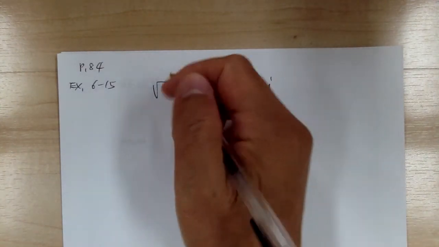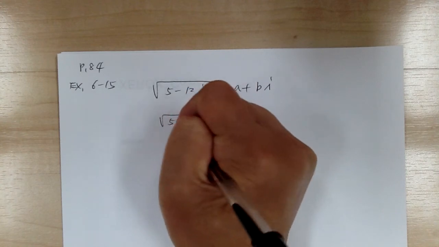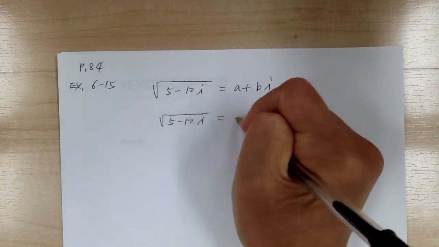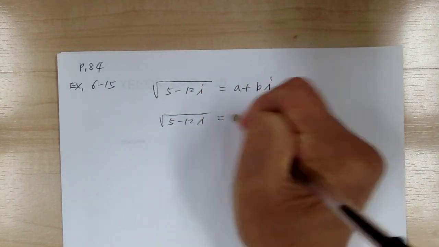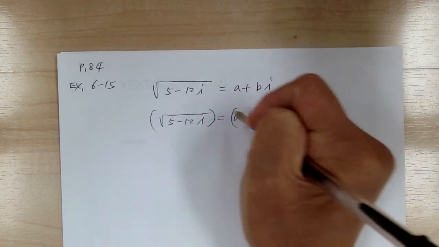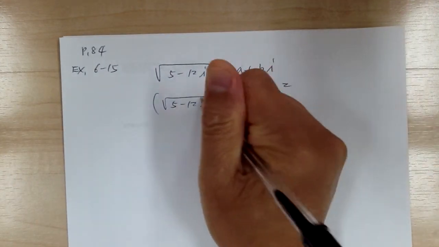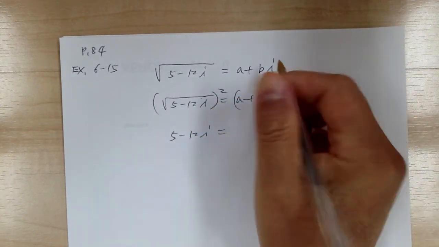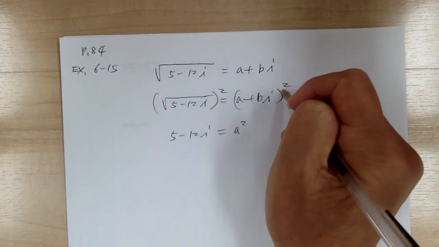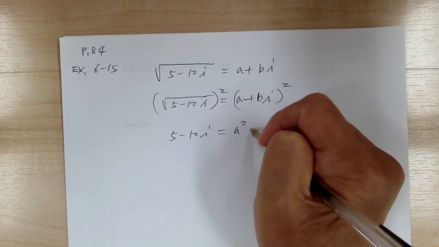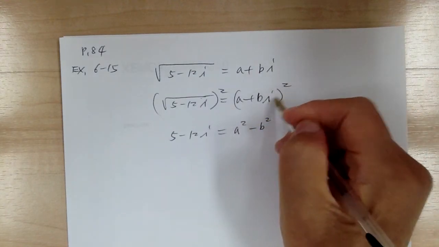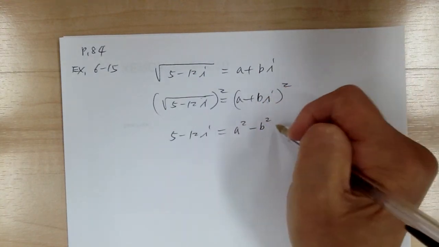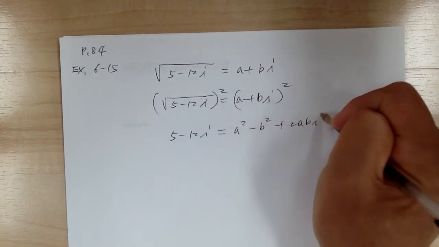I'm going to leave the original alone so I can go back and check my answers. So I'm going to write it again so I can square both sides. So this will cancel out. So you got 5 minus 12i. Over here, when you square, you're going to get a squared, minus b squared because i squared is -1, okay? Plus 2abi.